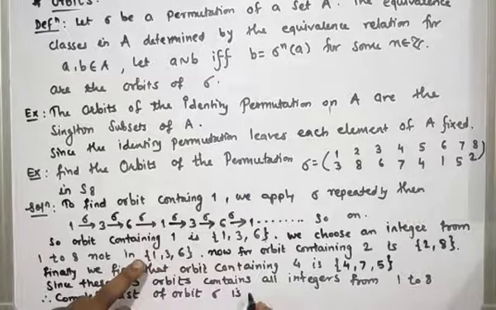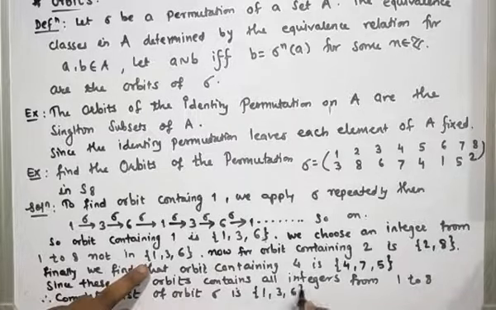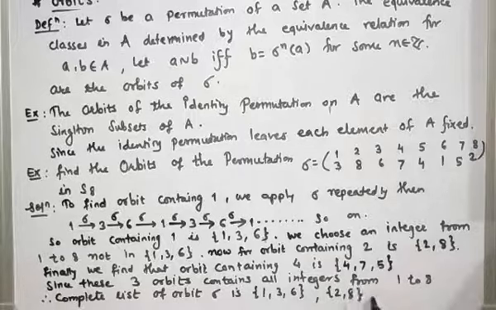Which are first 1 3 6, next 2 8, next 4 7 5.